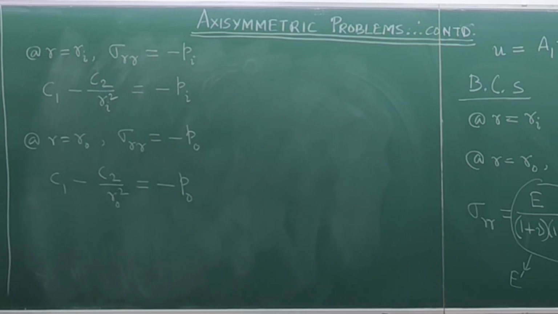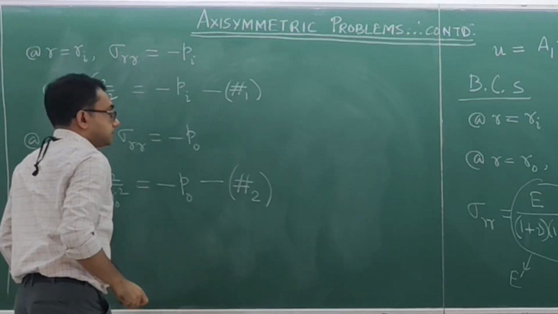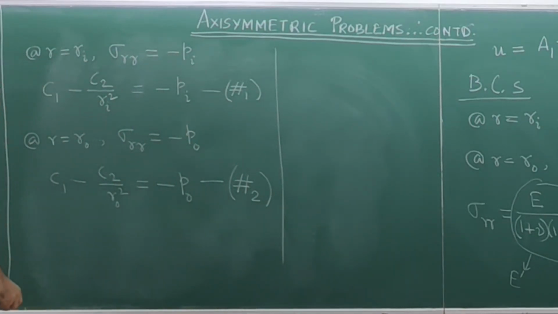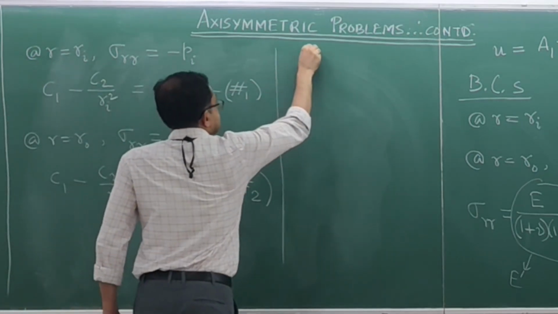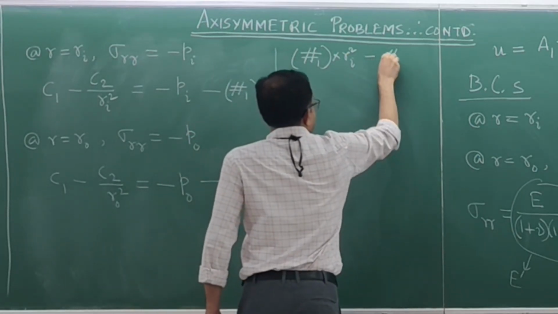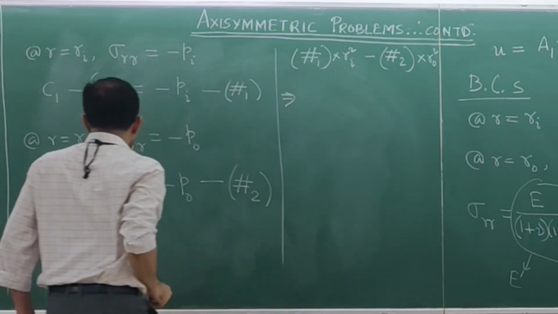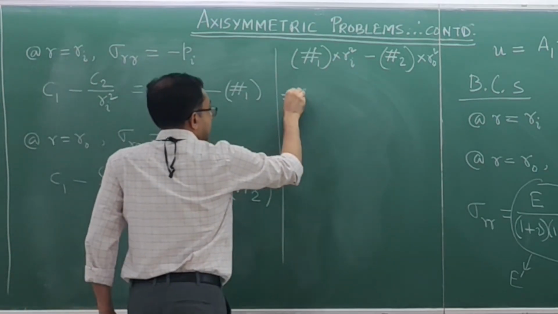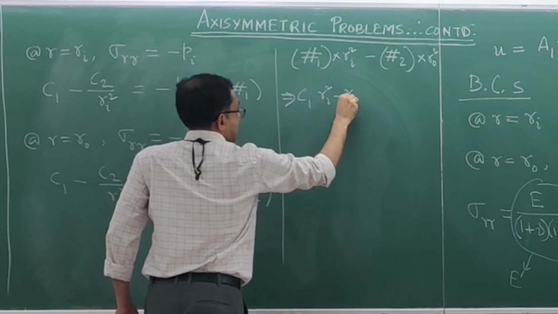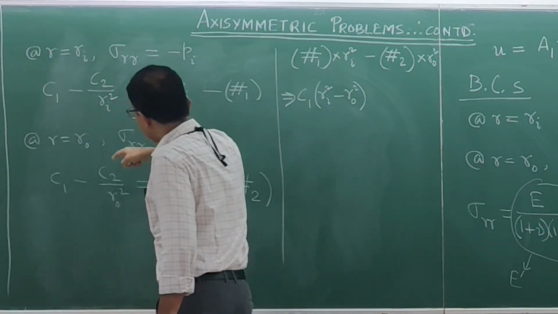Okay, so let's do that very quickly. Let's call this... so what we'll do is, this one will be C1 Ri square minus Ro square, and this C2 will go away because I'm multiplying with Ri square here, Ro square here.